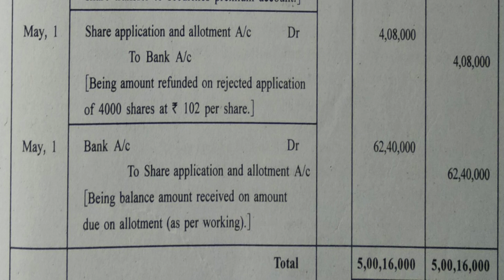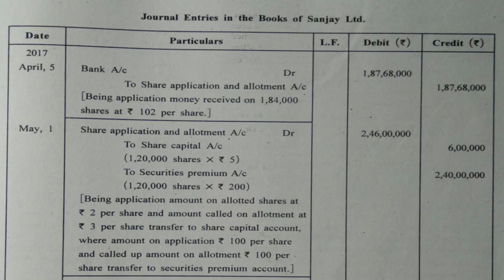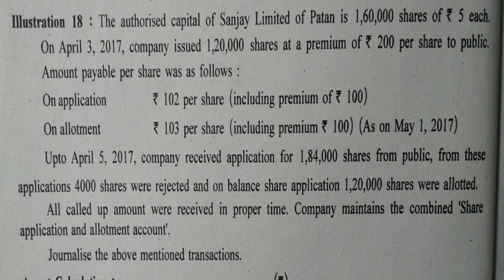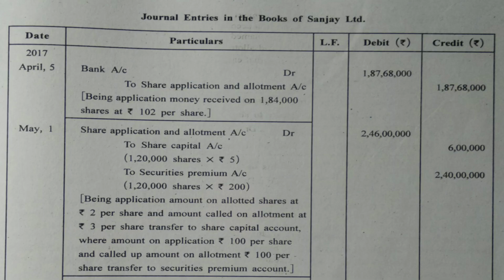This is the third journal entry. In the journal entries we have understood here, first is for receipt of application money, second is for transfer of application money and allotment money becoming due. The advance that we have kept is not to be shown in the second journal entry, which is why we have not credited it separately.